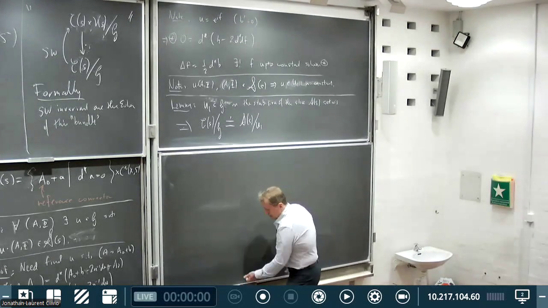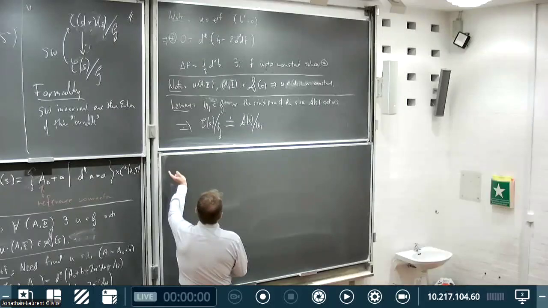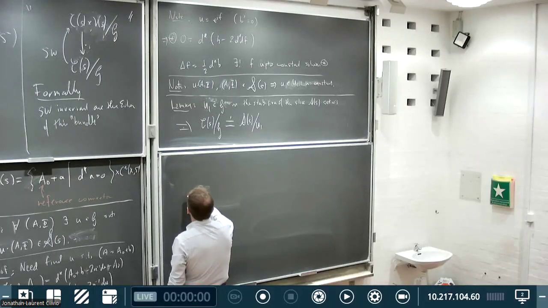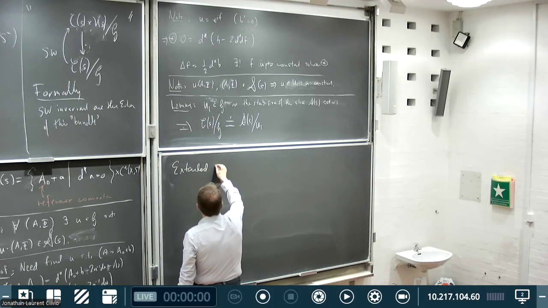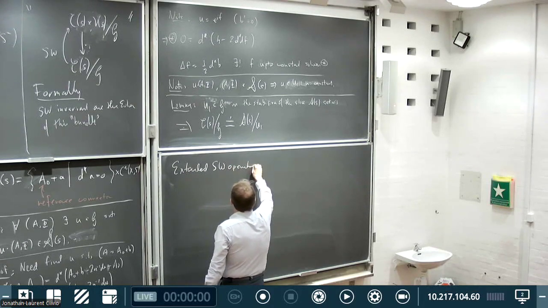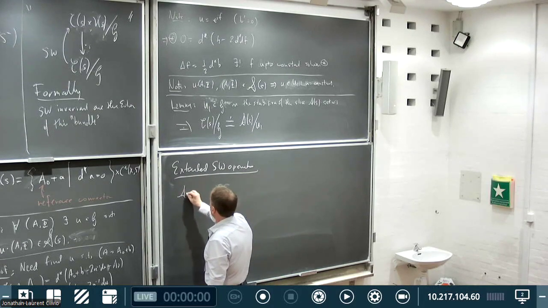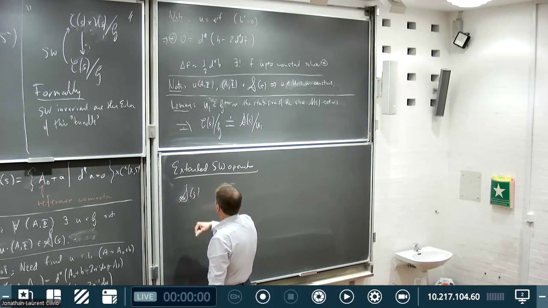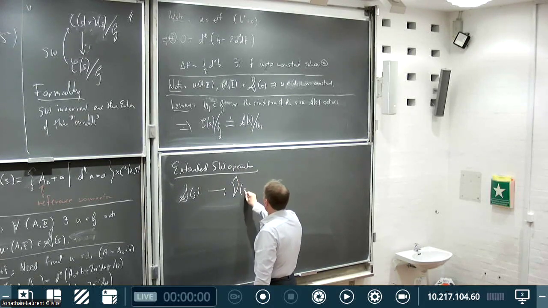And now, how do we organize that nicely? Well, let's set up an extended version of this operator. Our domain is still going to be this slice, but the range we're going to modify to V hat.